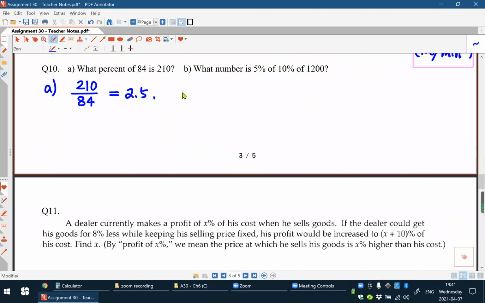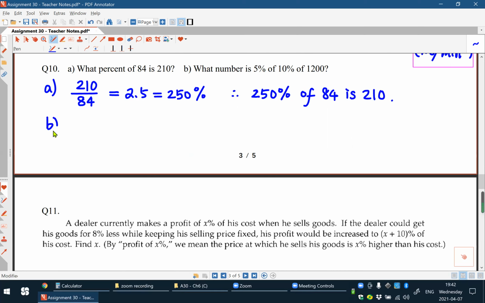So that means 2.5 is 250%, right? So the conclusion is 250% of 84 is 210.